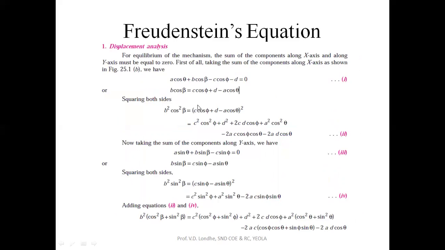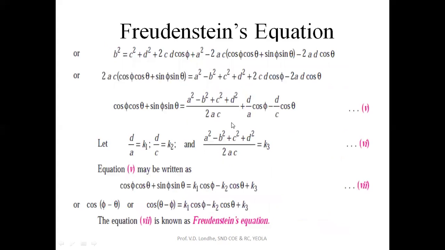After getting these expressions, you have to square both sides, so we get this part. This is for the x-axis and this expression is for the y-axis. On doing the summation of the second and fourth equations, we get this total equation. By substituting the values, finally you will get the constants K1, K2 and K3. K1 is the ratio of link lengths d by a, K2 is d by c, and K3 is a squared minus b squared plus c squared plus d squared, upon 2ac.